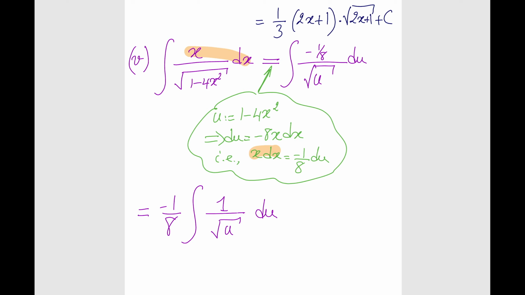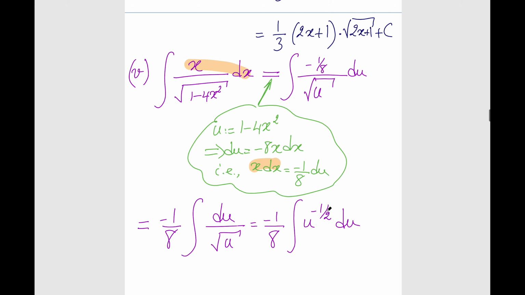So people erase this part and write du over square root of u. Alright, and is this easy? Maybe not yet. Square root of u downstairs means u to the power negative half upstairs. Correct? Du. Alright, that's better.